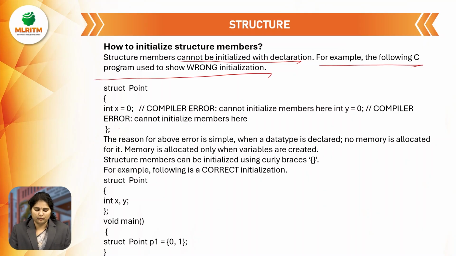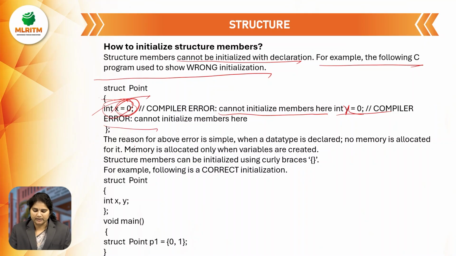When we observe this program, we are declaring a structure with one variable, x, and right there we are assigning a value to this variable. Here it will show an error: cannot initialize members here, x equal to 0. We will get a compilation error.